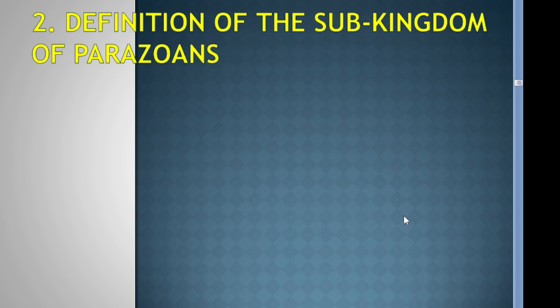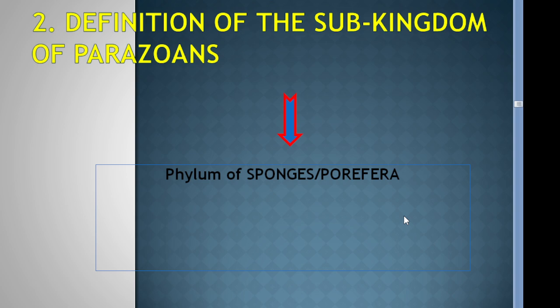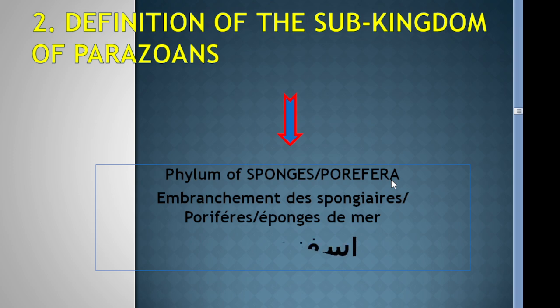Okay, they are represented by one phylum, and this phylum is called phylum of sponges, of sea sponges, or phylum of porifera. OK? In French, c'est l'embranchement des spongiaires ou alors des porifères.